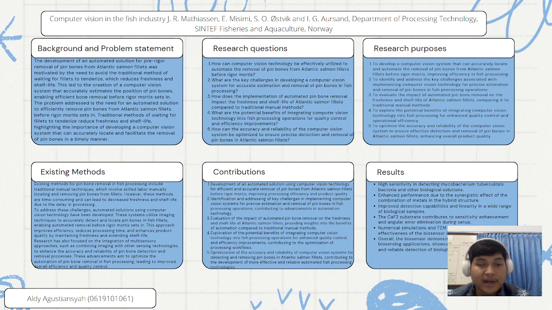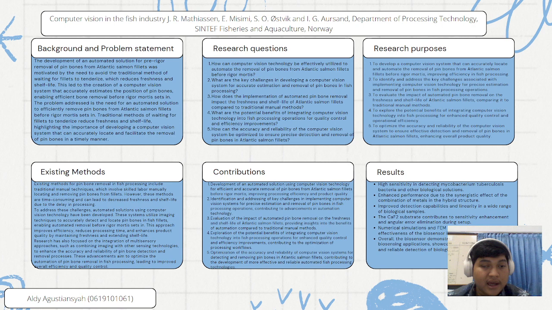This system utilizes imaging techniques to accurately detect and locate pin bones in fish fillets, enabling automated removal before rigor mortis sets in. This approach improves efficiency, reduces processing time, and enhances product quality by maintaining freshness and extending shelf life.